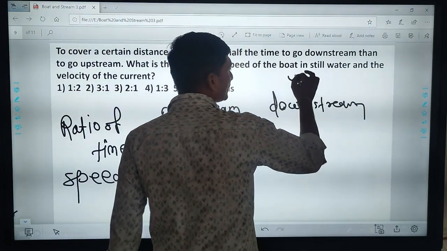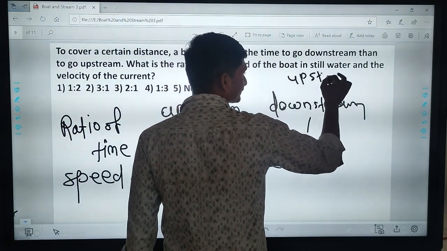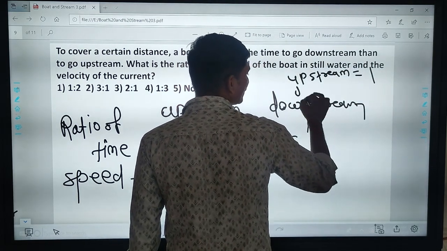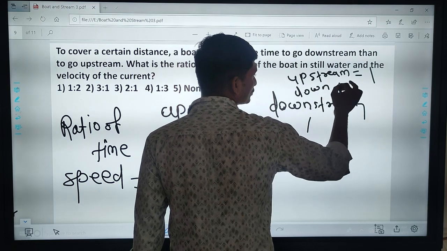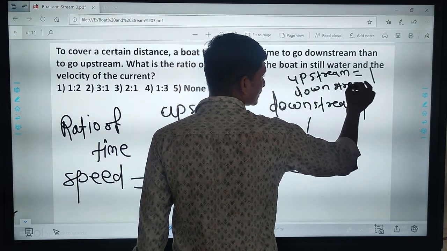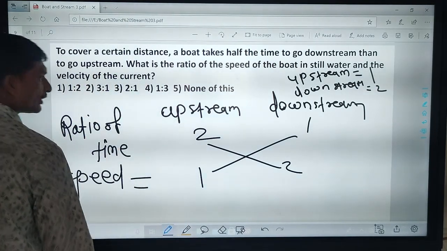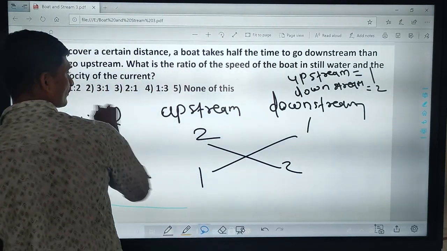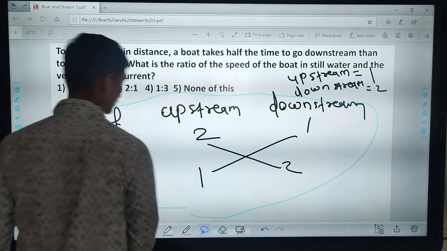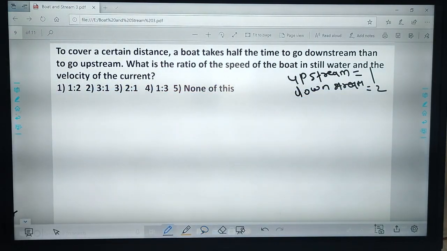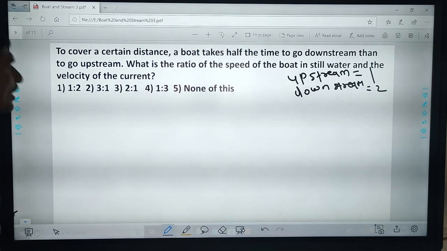Now we find the ratio of the speed of the boat in still water and the velocity of the current.